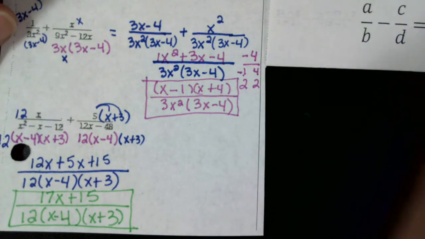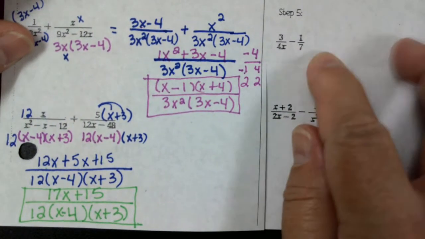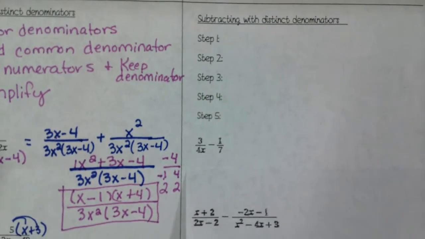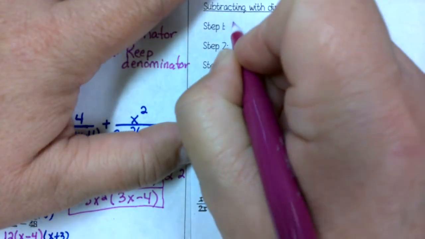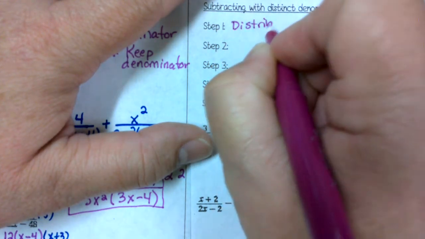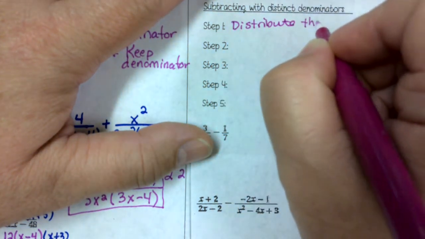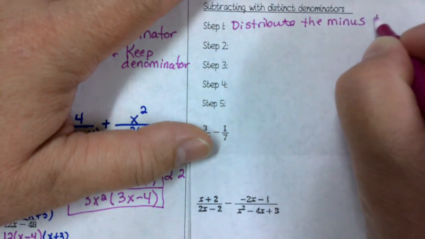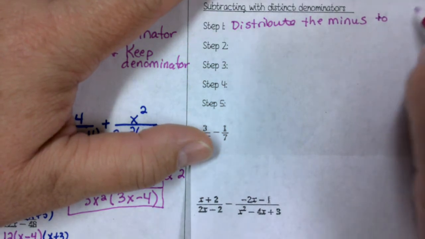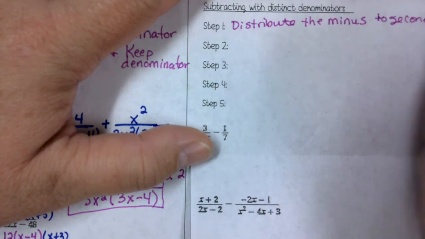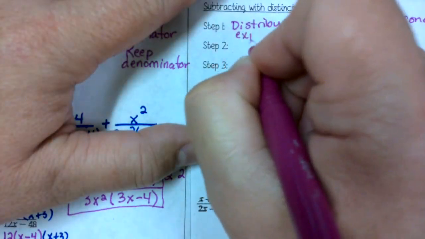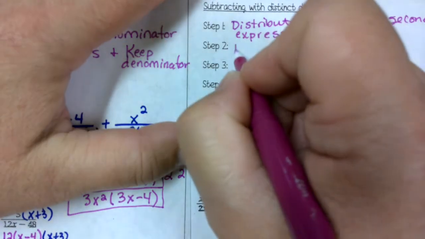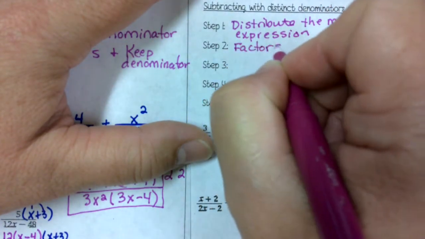All right, so let's subtract some. The steps are pretty much the same, except I must remember to distribute the minus sign to the second expression. Then I need to factor the denominators and get a common denominator.